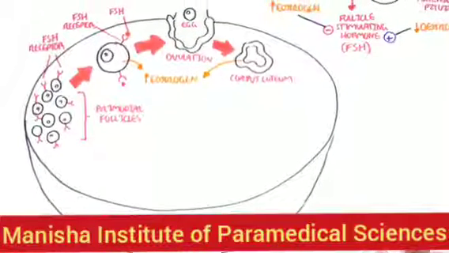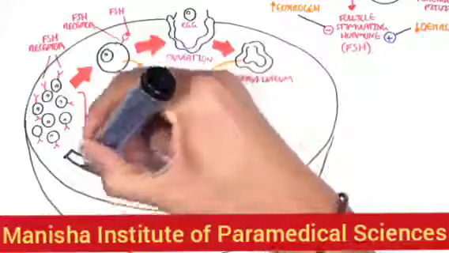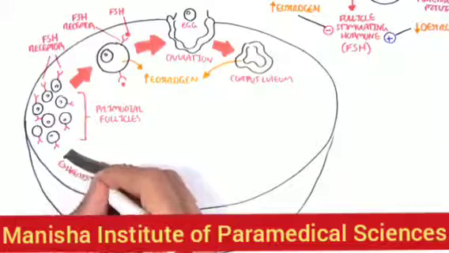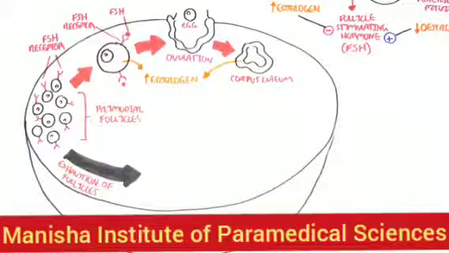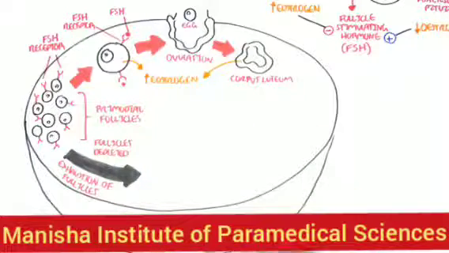So now let's see how all this relates to menopause. So what happens is when a woman hits menopause, this is where there is an exhaustion of follicles, when the follicles are depleted, when there's little to no follicles left.